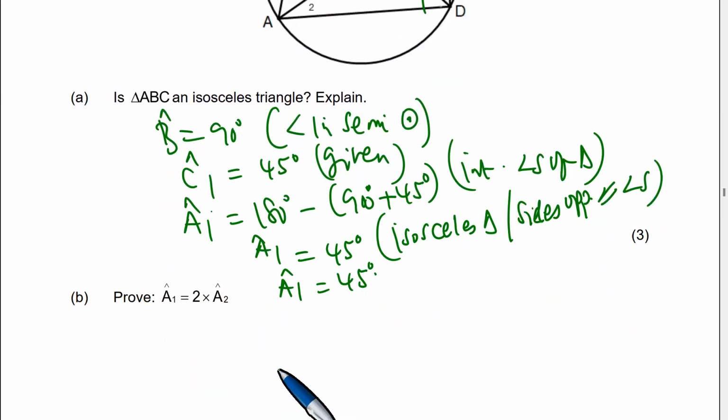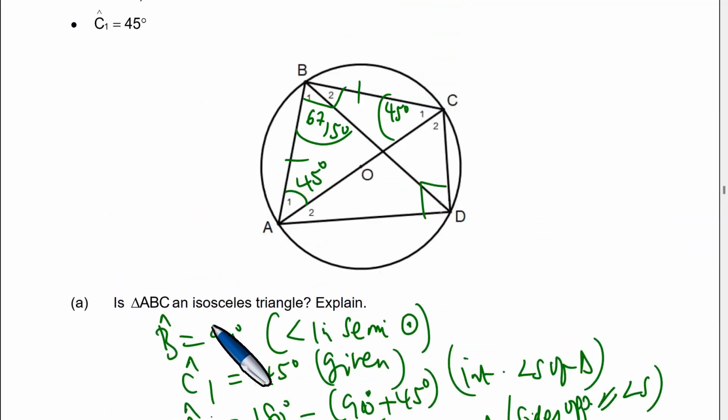B2. What is B2? This one is: A1 equals 2 times A2. Prove this. Right, to prove this, we start as follows. Let's find first angle B2. What is the size of angle B2?